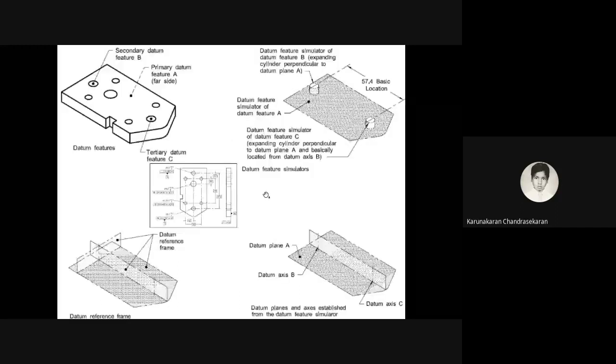Again, one more location I have given here. You can see there are two features given. The datum feature simulator is given here, two features. How do you represent them now? You take this as a datum and a plane; you can have two planes, plane A and plane B, and you can also have a plane axis.